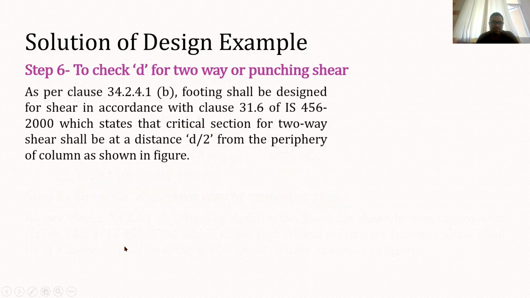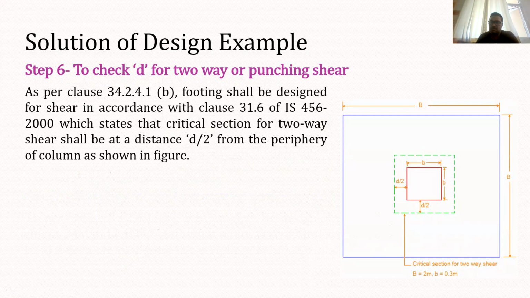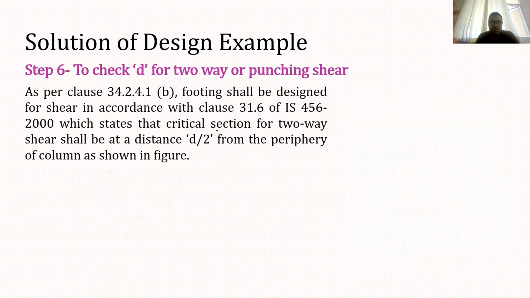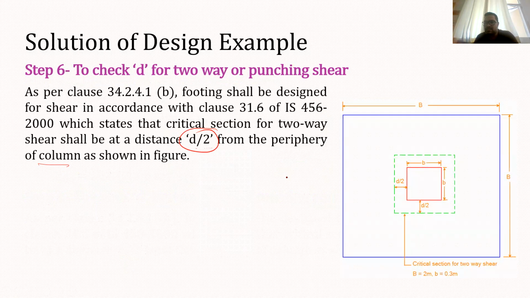It is at d by 2 distance from the periphery of the column, and we have already covered this in the previous part. So this d by 2 can be shown in the diagram like this. So this is our foundation and this is our column, and the critical section for two-way shear will be at d by 2 distance from the periphery.